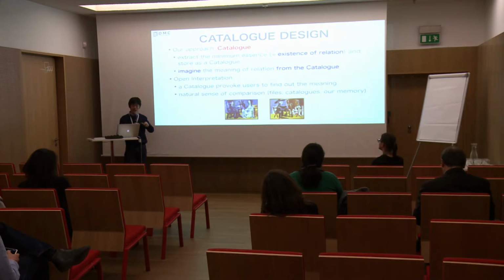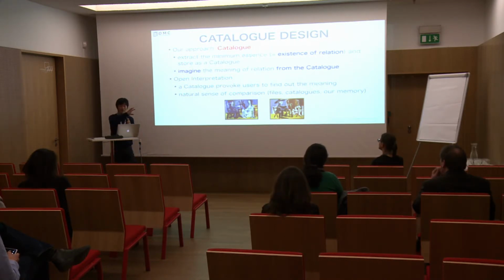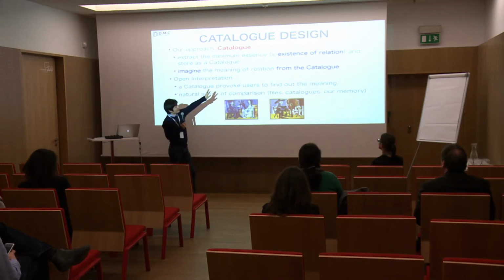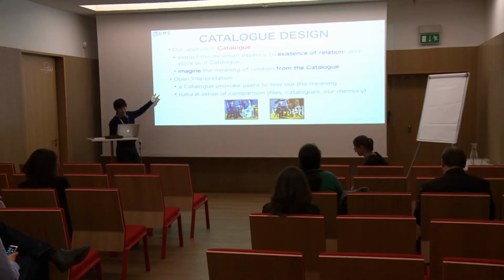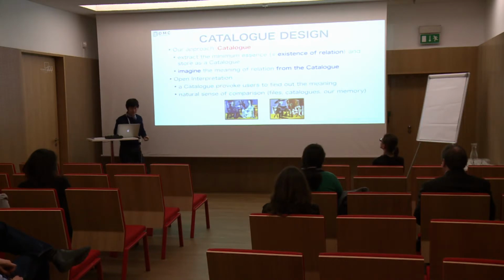It's a context, so we have several objects here, and the minimum essence is whether these information are related or not. So this existence of relation is a catalog, and then we store it and share.